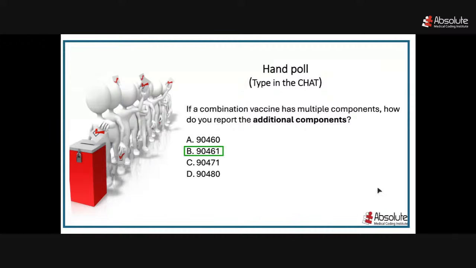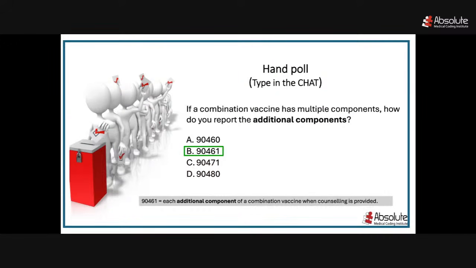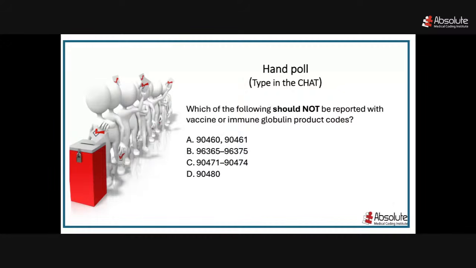The correct answer is option B, 90461. Yes, 90461 is used for each additional component of a combination vaccine when counseling is provided. Great job, everyone.